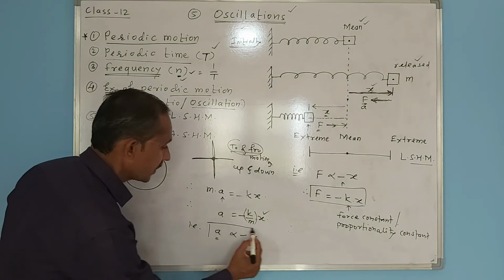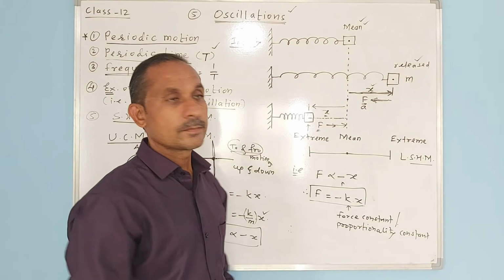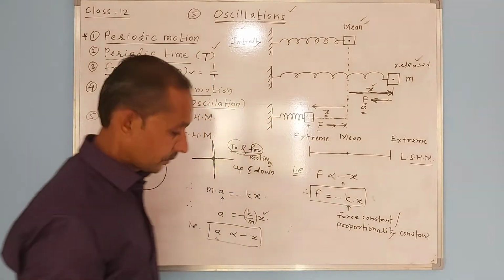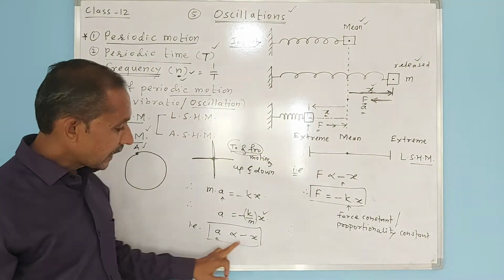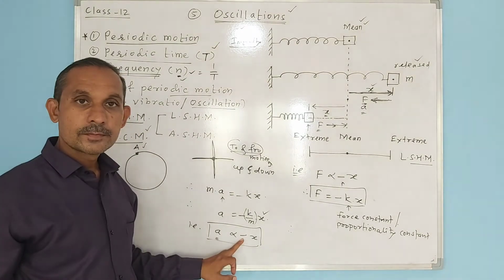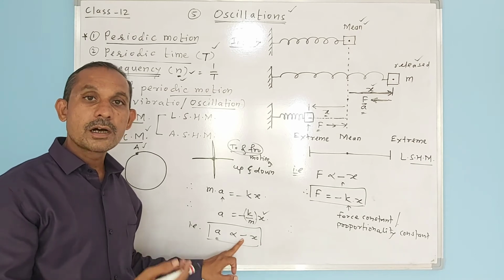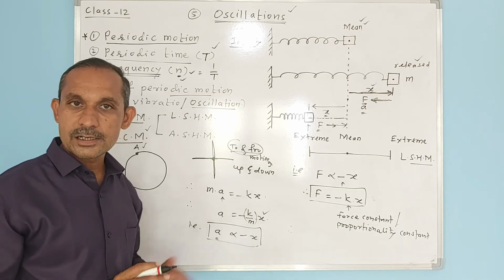So acceleration in this oscillatory motion is also directly proportional to the displacement and always directed towards the mean position, or always oppositely directed to that of the displacement.